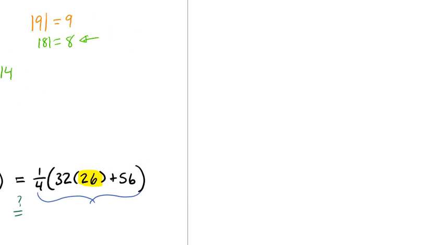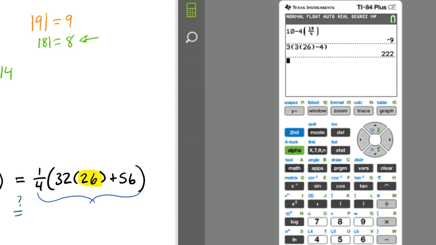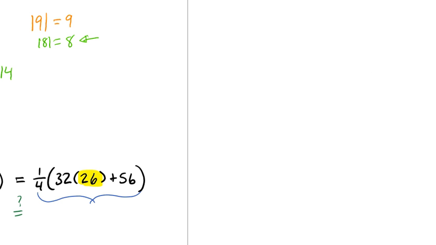And now we need to plug in this other side. So we're going to go ahead and put in our fraction, 1 over 4, parentheses, then 32, parentheses, 26, close parentheses, plus 56, close parentheses, and we get 222.